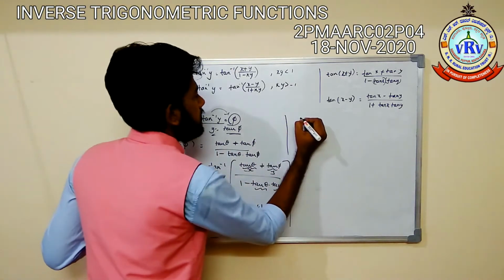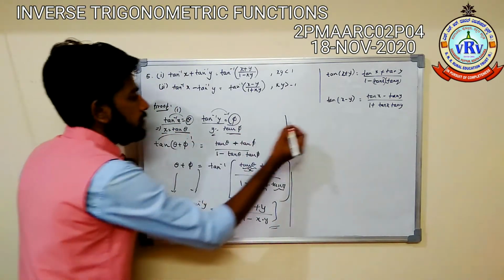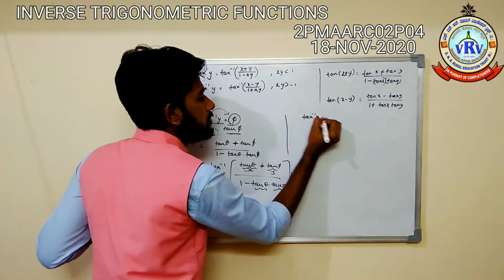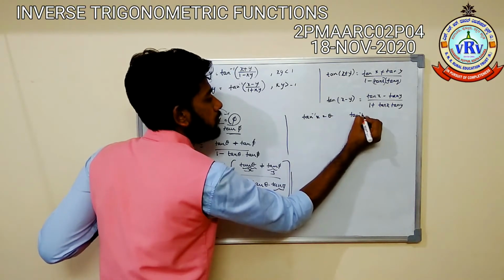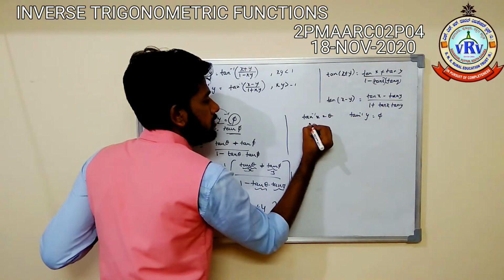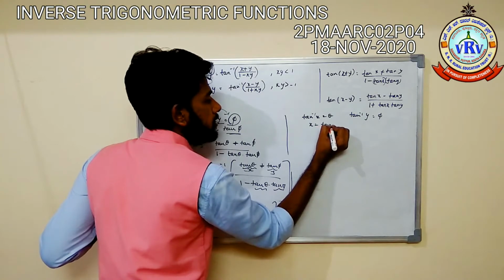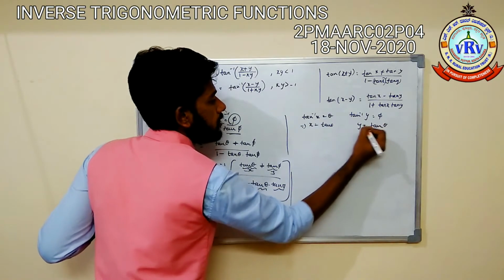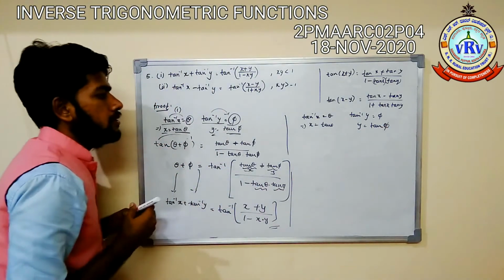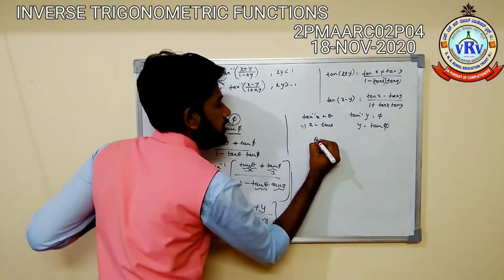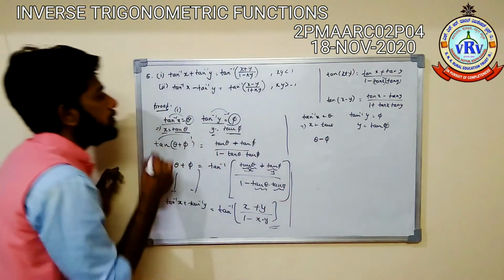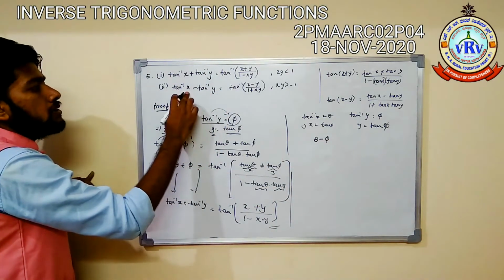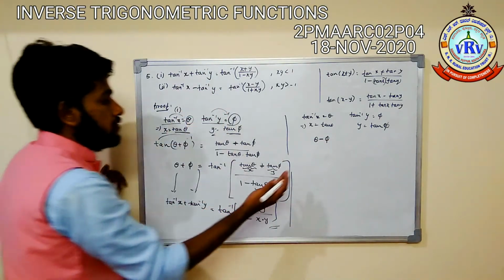That is, take the same way, tan inverse of x as theta, tan inverse of y as psi. So x is equal to tan theta, y is equal to tan psi. Now take theta minus psi because we require tan inverse of x minus tan inverse of y.